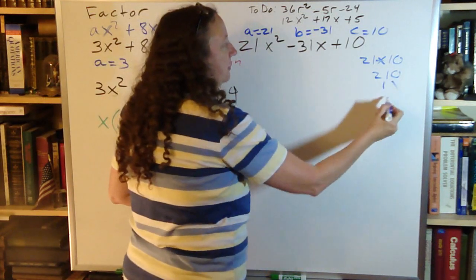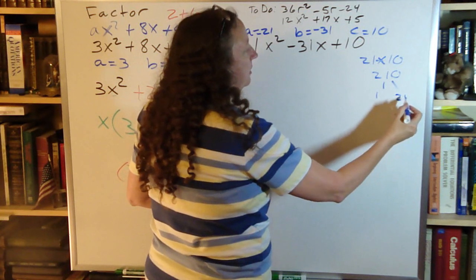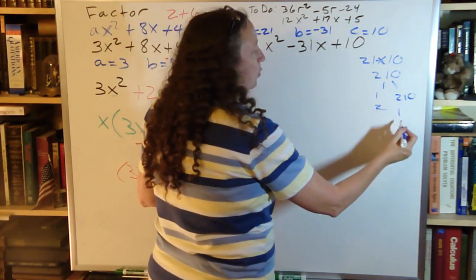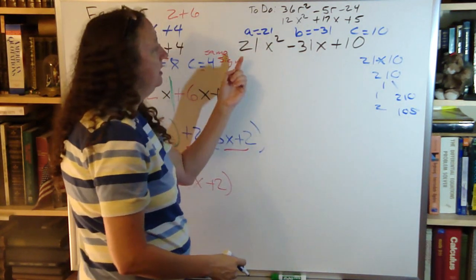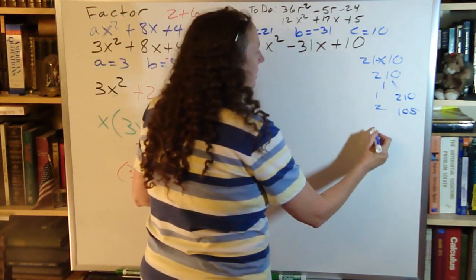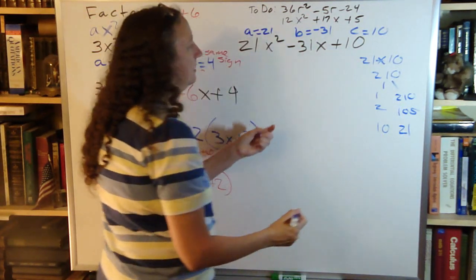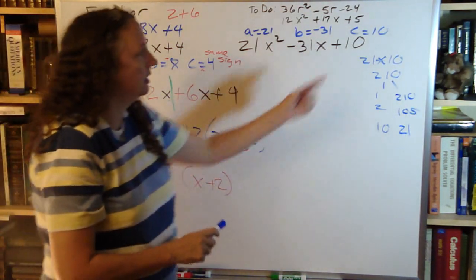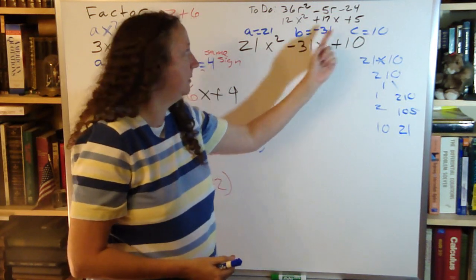I factor that out, I get 1 times 210, sorry, yep, 2 times 105, etc., going down the line, and eventually I find out that 10 times 21 might be the number that I'm looking for. C is positive, both signs are the same.